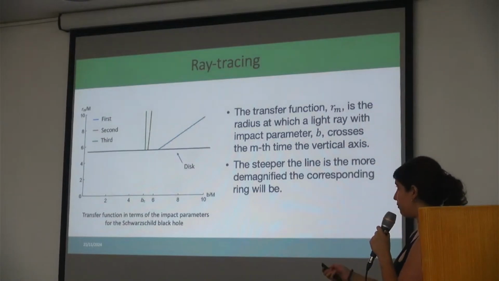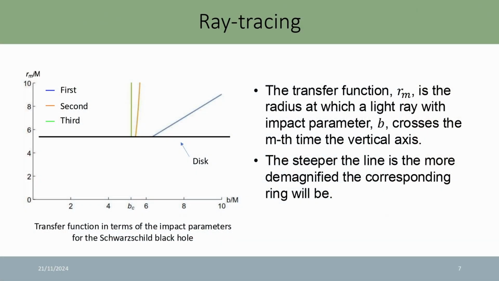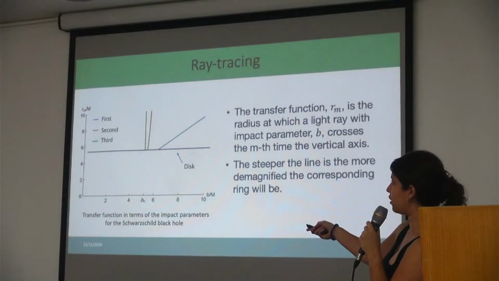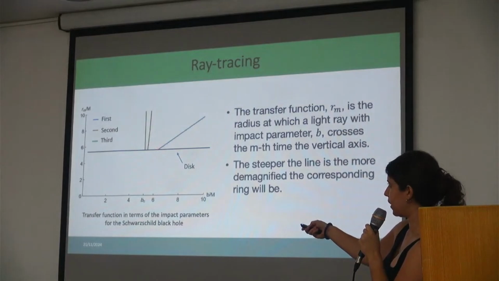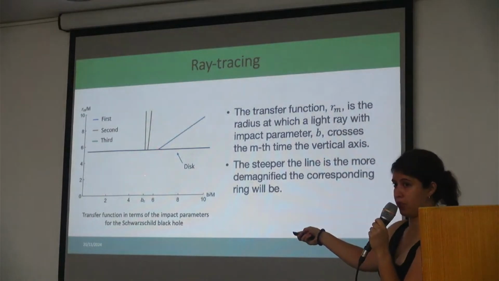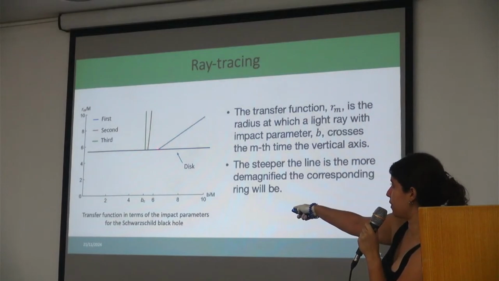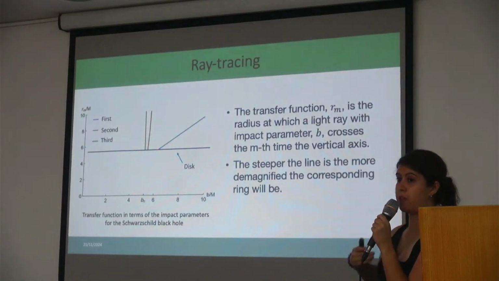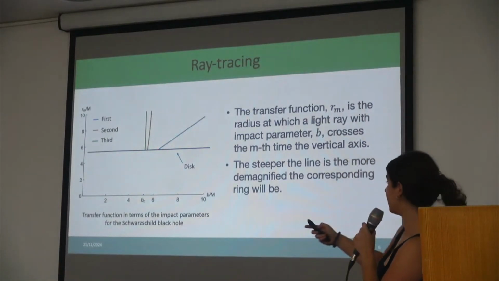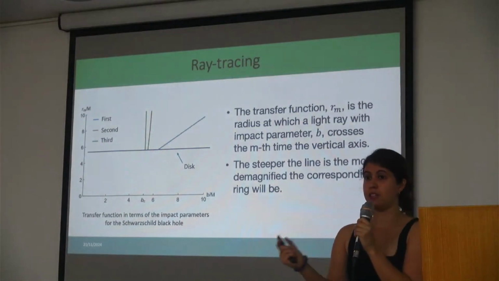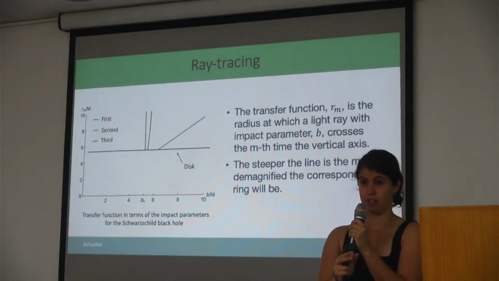For example, if we add an accretion disk at certain radius, the disk can only meet in these different impact parameter ranges. So we will receive photons from this impact parameter to here, that would be directly coming to us, and some small ones that are going to be the lensed or the second cut and the third cut.